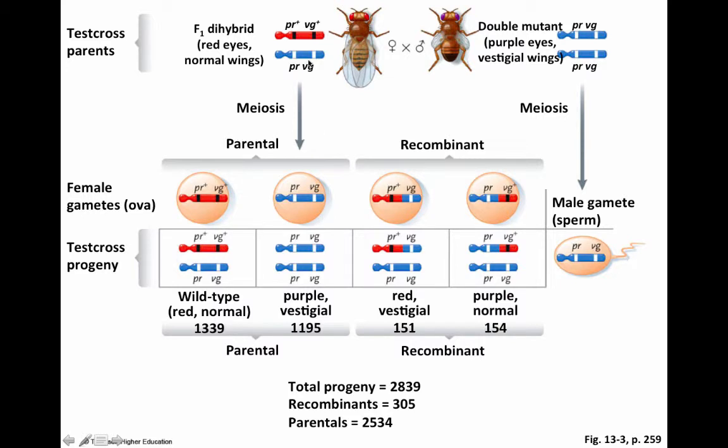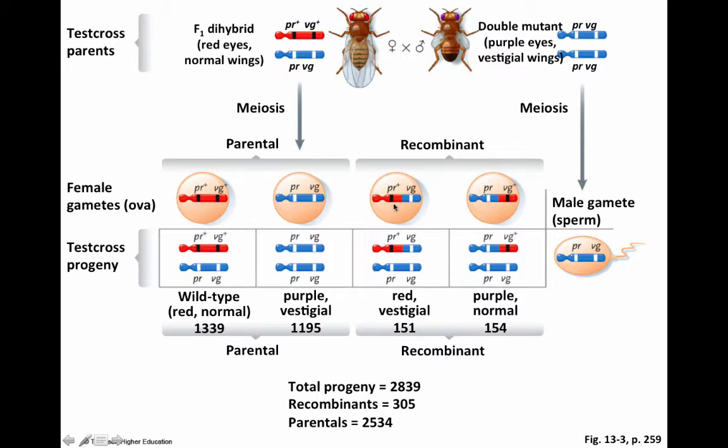Here we have your wild type, in which there was no crossing over event between those 2 gene loci. Here's another parental type where there was also no crossing over. But in these recombinants, you had to have a piece of one chromosome get swapped for a piece of another chromosome to get this recombined chromosome.